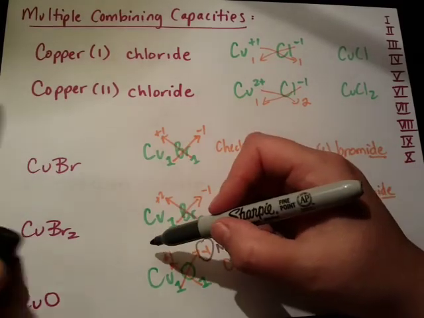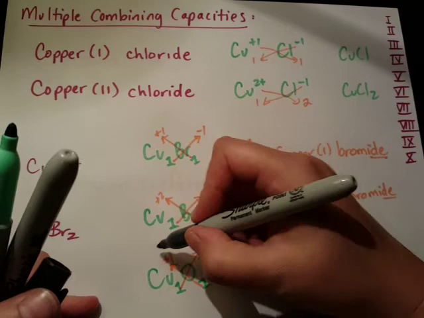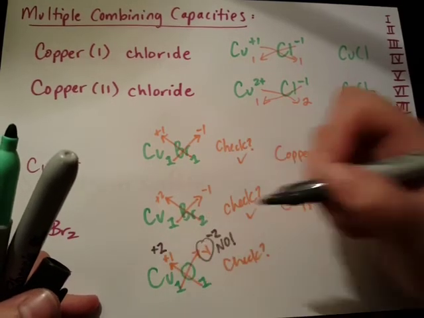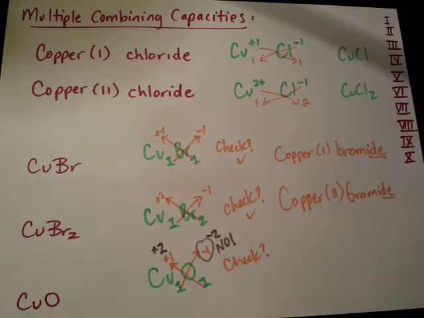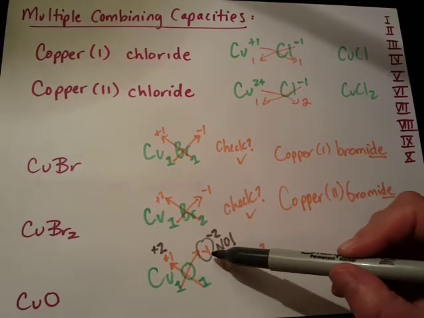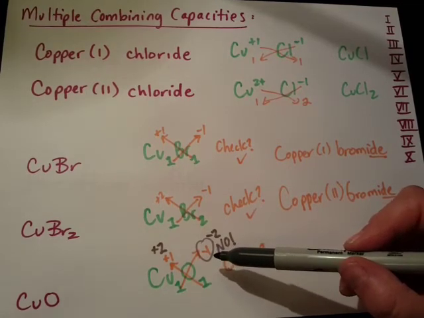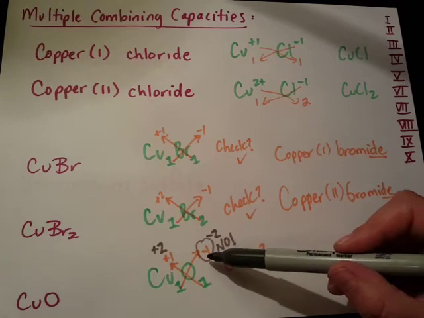Therefore, if it's a 1-to-1 relationship, if the oxygen's -2, the copper must be +2 in order to be balanced in a 1-to-1 way. We know that because when we crisscrossed, it became -1, but when we look on our periodic table, we know that oxygen never forms a -1 ion.